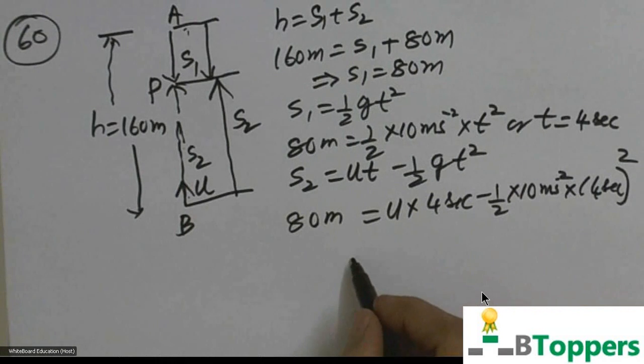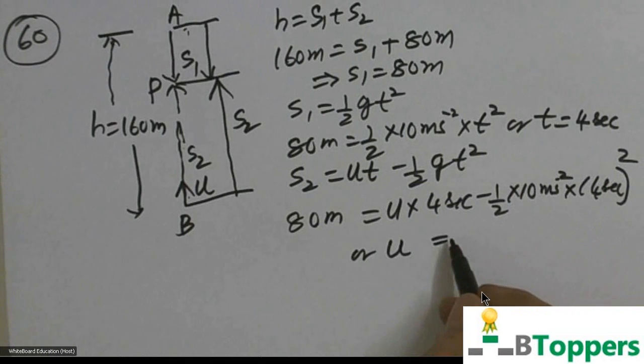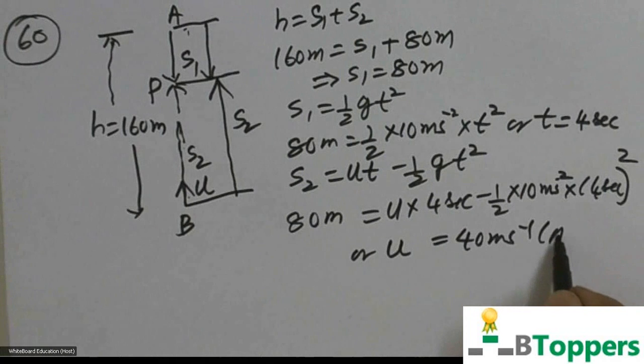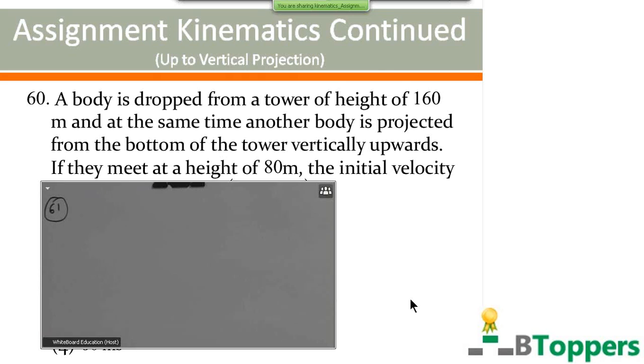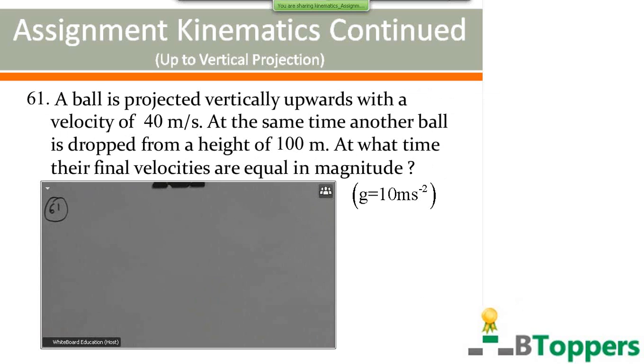If you simplify this, you will get u equal to 40 meter per second. That's the answer. If you want to copy the solution, you can take a pause and copy the solution of the problem. I have discussed question number 60, for which the answer is 40 meter per second. Next, I am going to discuss question number 61.